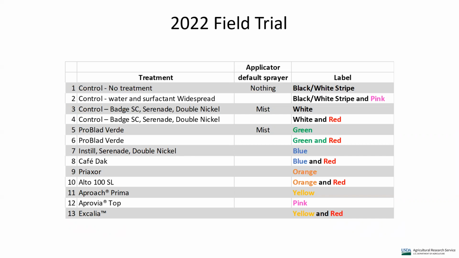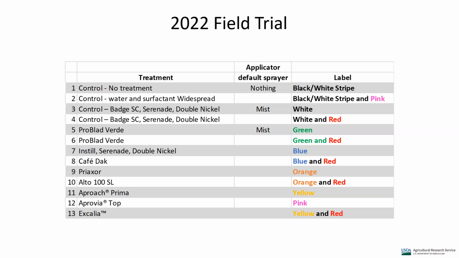And also, again, what does water and just the surfactant, Widespread, do out in the field, since that is mixed with each product? We also looked at Problad, Cafidoc, Preaxor, to help support the IR4 program, some of the systemics.